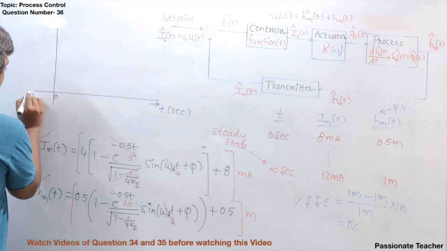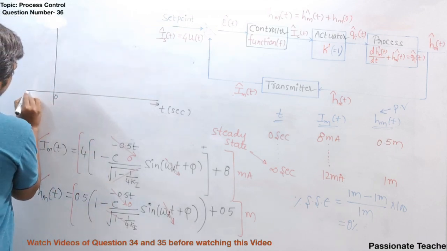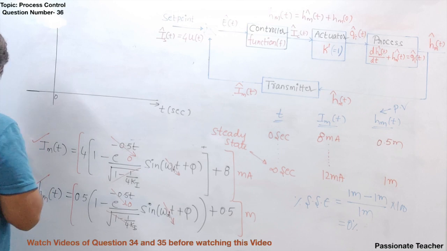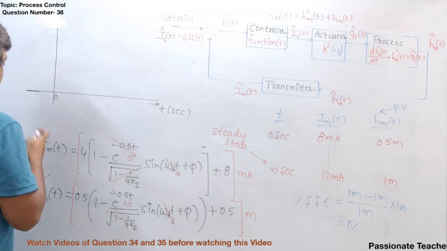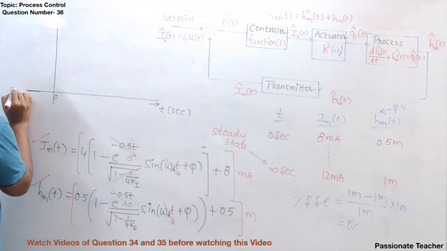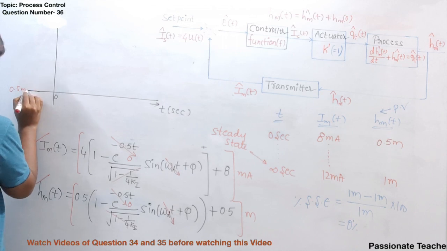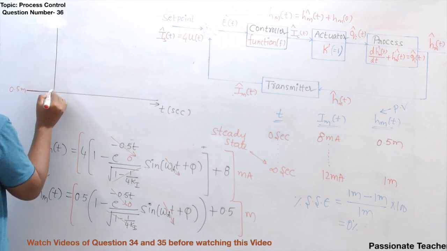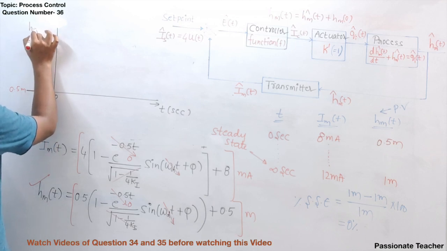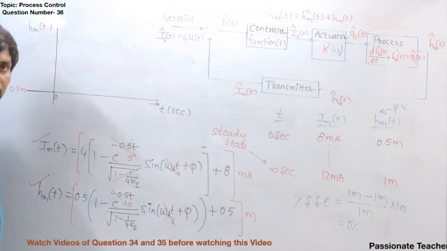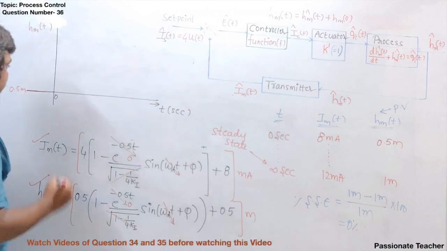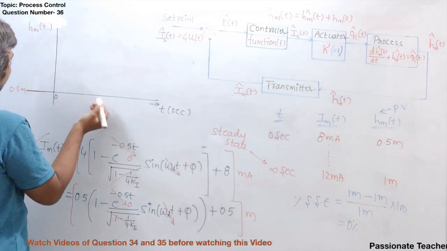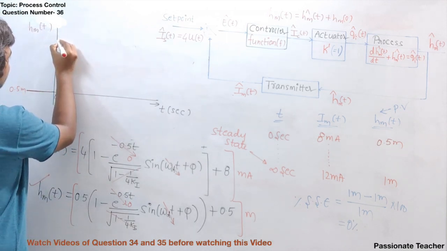Before 0, that means before we apply the change in set point, the water level was at 0.5 meter, right? So up to T is equal to 0, the water level is at 0.5 meter. Let me write this down as Hm of T. Okay. Now, interesting fact, have you observed here? Exactly at T is equal to 0, whatever it may be, ultimately our destination should be what?